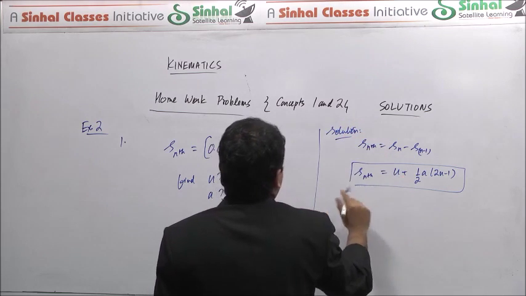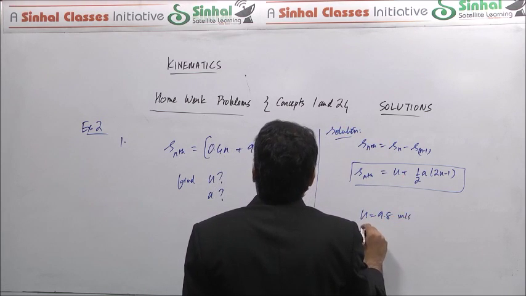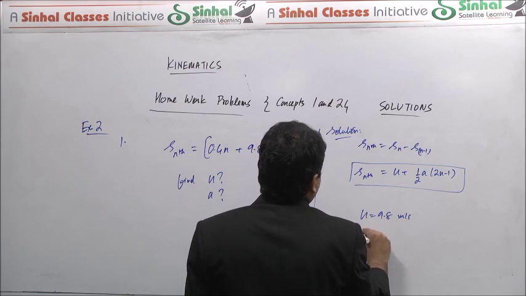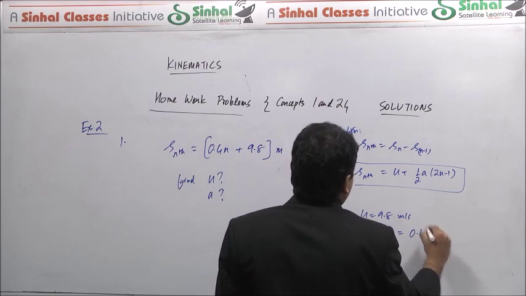Comparing these two equations, you can see that u is equal to 9.8 and half a into 2n minus 1 is equal to 0.4n. Okay?